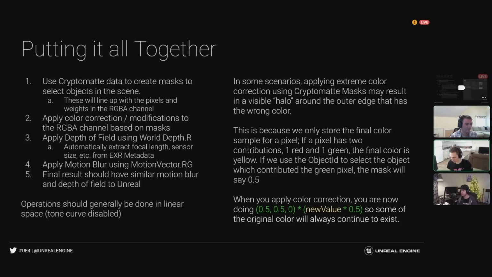You can pick the couch with Cryptomatte and you know that it has a weight of 0.5, but when you change the color, some of that original couch color and some of that original background color stay there. Apologize for the honking in the background if you heard that. So if you do extreme color correction, you may see some haloing, but for light editing, it works pretty well for most cases. If you do see haloing, it may be because of that.